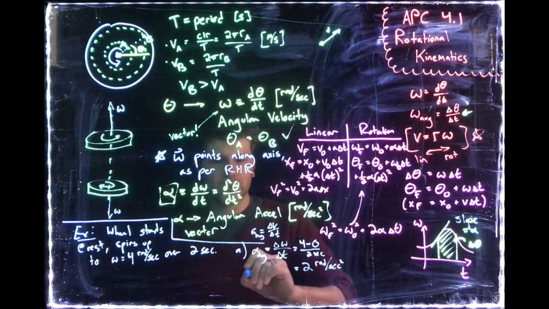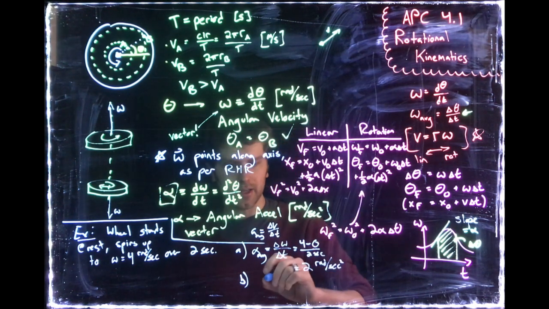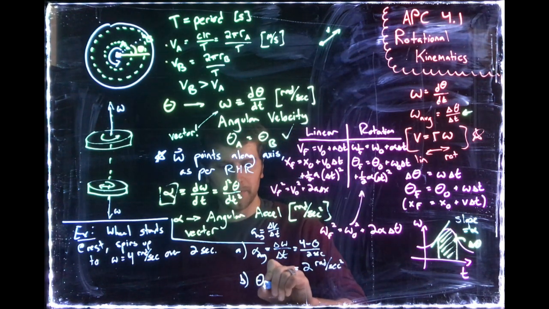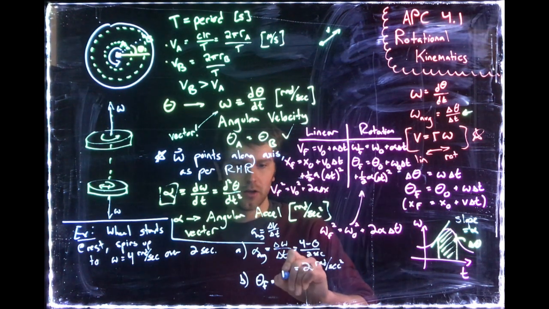And we could also ask, how far does the wheel move in that time? How far does it actually rotate? We could use our second kinematics equation. The final theta is going to be equal to, well, it starts out at rest, so 1/2 alpha delta t squared.